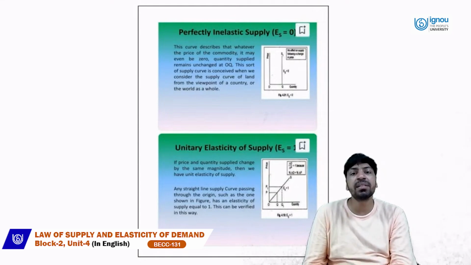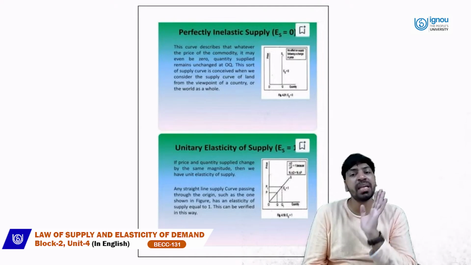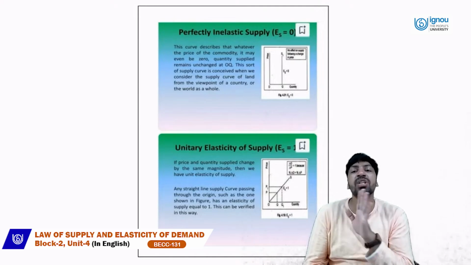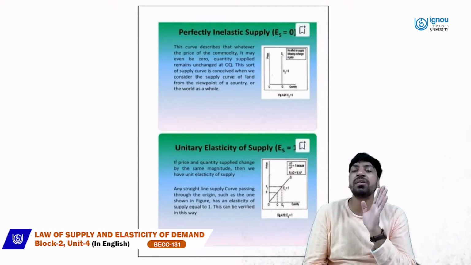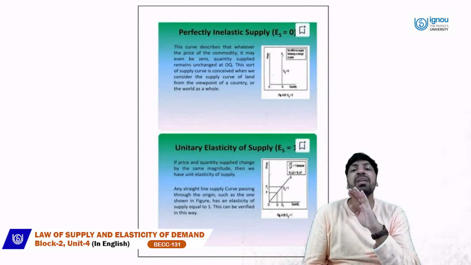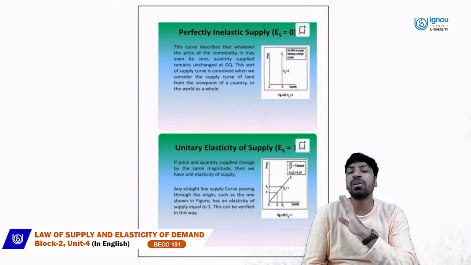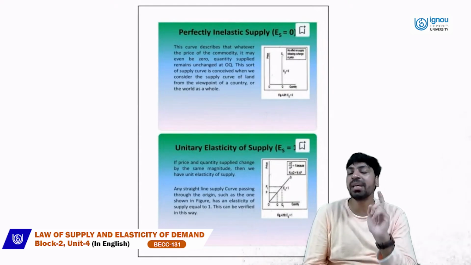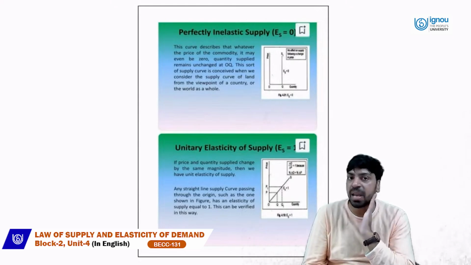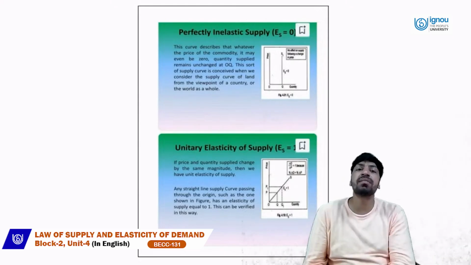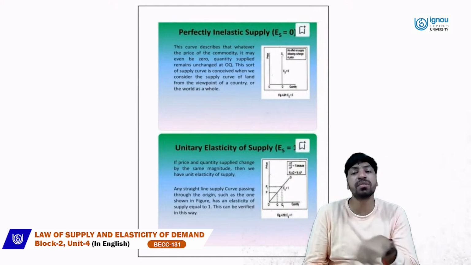Let's say we consider the supply curve of land for a country or the world as a whole. The quantity supplied remains constant even if the price changes, it cannot be changed at all. That's the main reason the type of elasticity of supply would be perfectly inelastic supply, which is equal to zero.